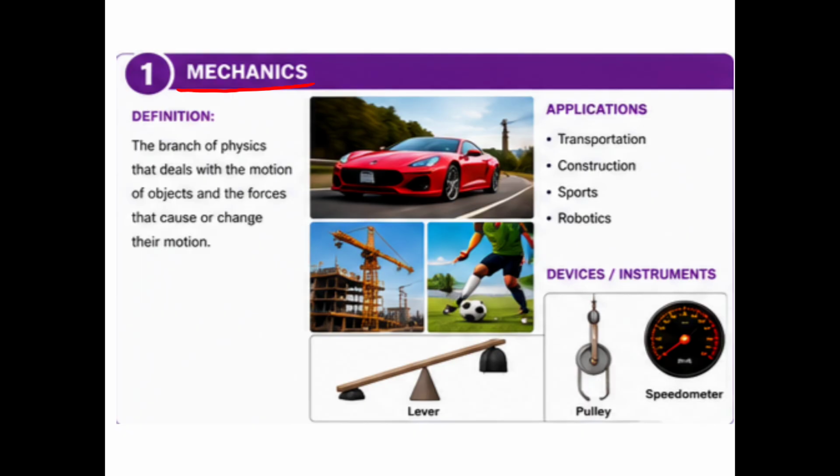One of the major important branches of physics is mechanics, which has been defined as the branch of physics that deals with the motion of objects. Anything that moves can be related to mechanics in physics, and the forces that cause or change their motion.